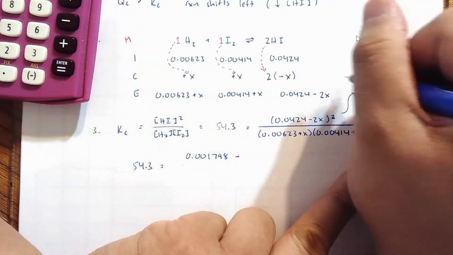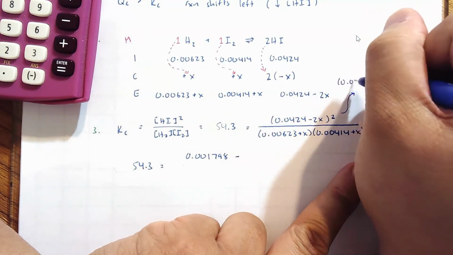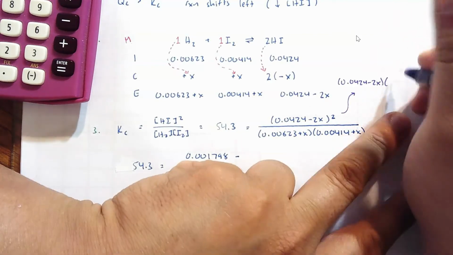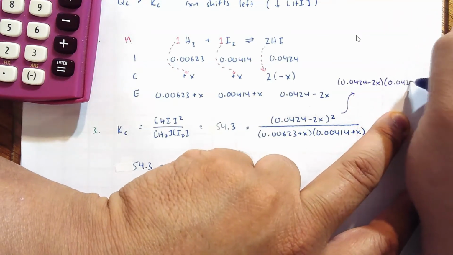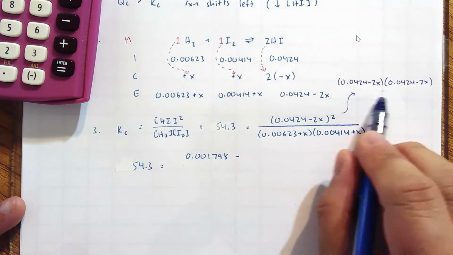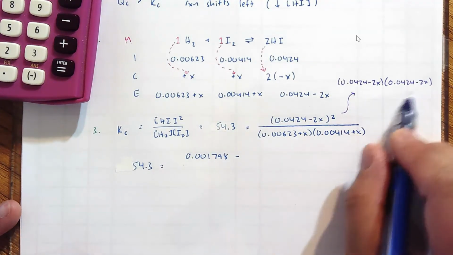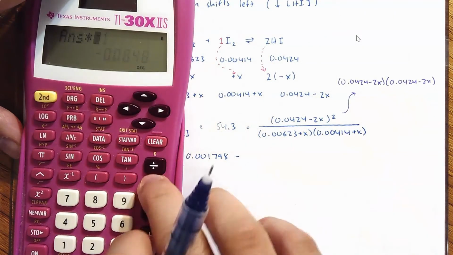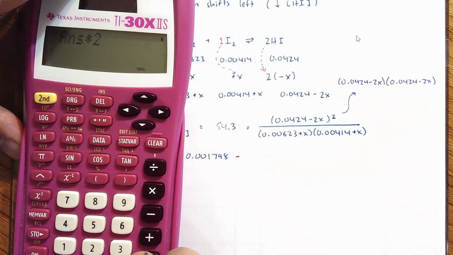So let me expand this. 0.0424 minus 2x times 0.0424 minus 2x. So I did this part already, and then I'm going to do the outer part. It's the same number, so we're just going to multiply this by 2.